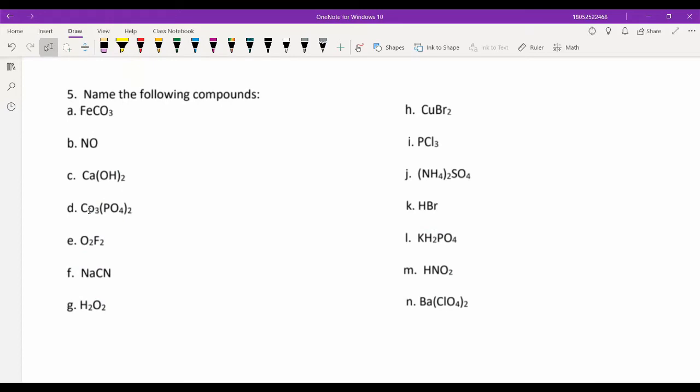Okay, so for naming, I'm sure you've hopefully already seen the rules laid out in lecture. On this handout, I have the rules summarized in bullet points, so I won't spend much time talking about that. That's something you should review and learn on your own.